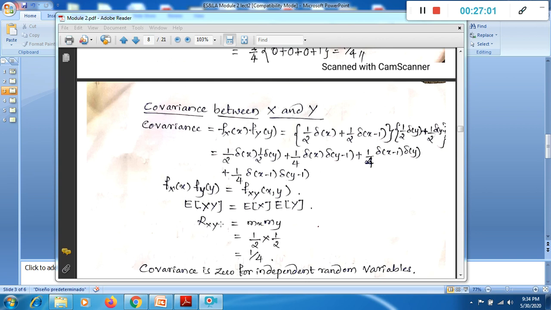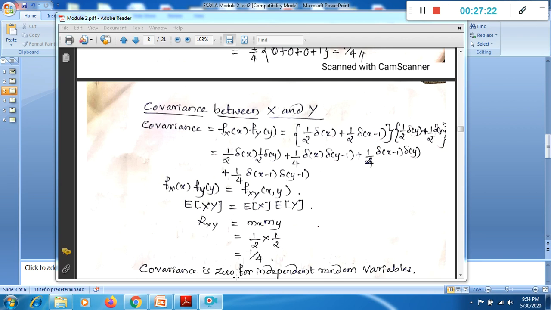So r of xy is nothing but mx into my. Here mx is half and my is also half, which makes it 1 by 4. And covariance is 0. We know that covariance is 0 for independent random variables.